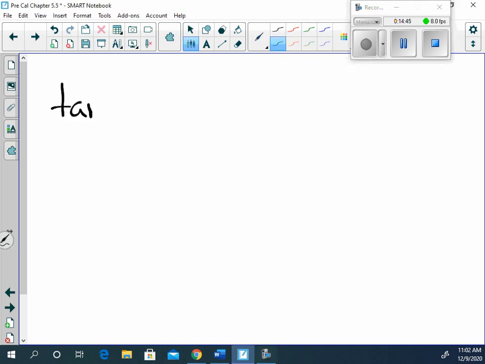Because we have tangent of 2x minus... Now again, I think this is going to be the one to do because tangent is a little tricky.